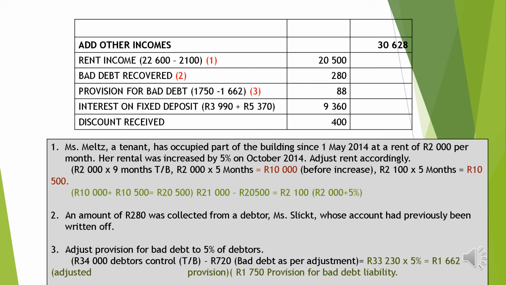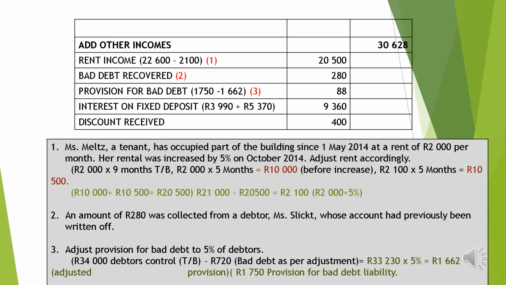Let us look at my solution down there or my calculations. We say 2,000 rand times 9 months as per the trial balance. Then we broke it down for us to be able to calculate this amount correctly. We need to separate it into the months that were calculated before an increase and months that we need to calculate after taking into account an increase.